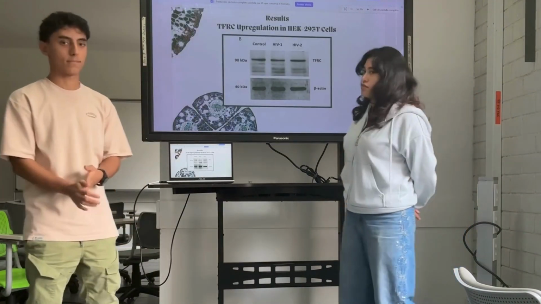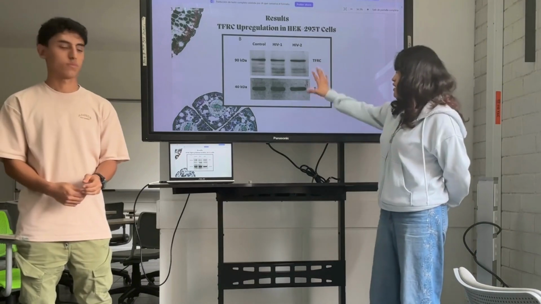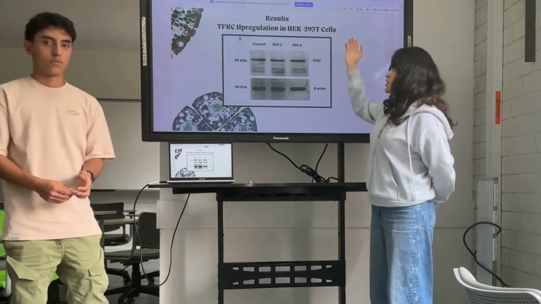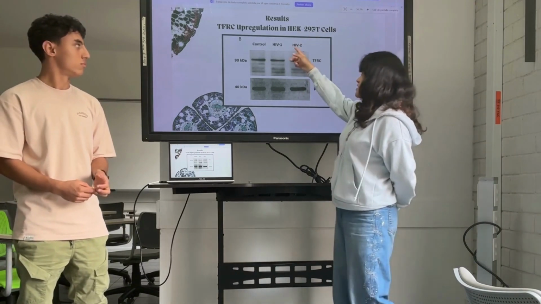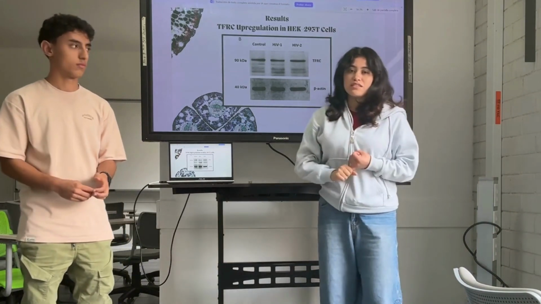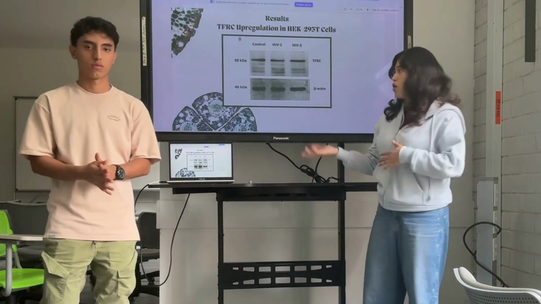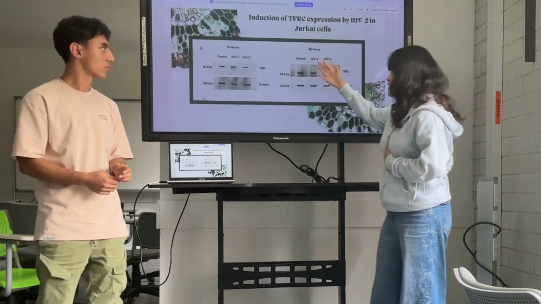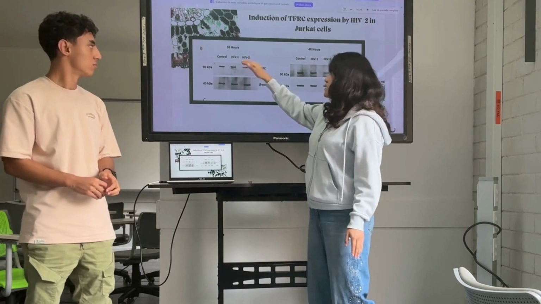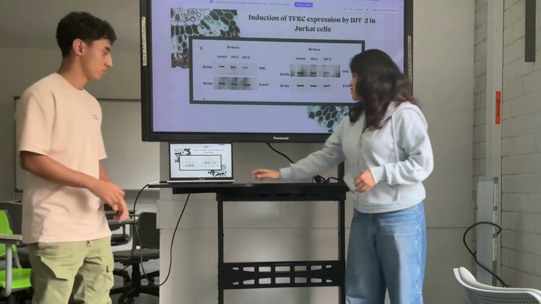So now we have results. First, we compare in this graphic the TFR levels in this type of cells, and basically we found that HIV2 is faster and grows more than in this graphic about Jurkat cells, where the 2 is slower and less.